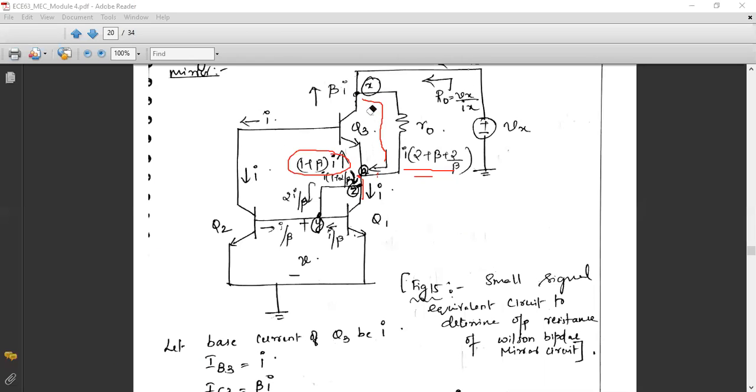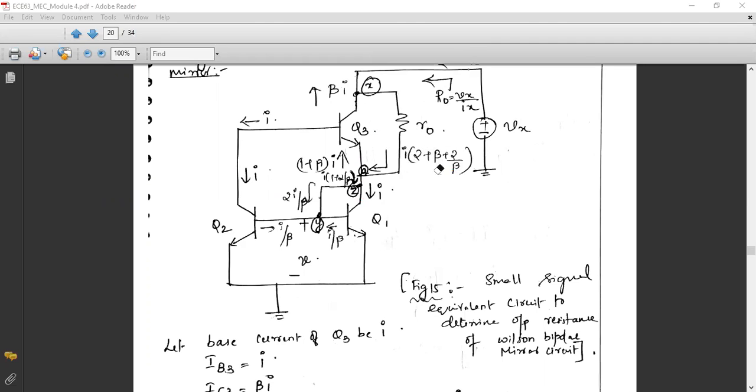Please write. So the current that is flowing through R0 towards the terminal A can be written as 1 plus beta times I plus I into 1 plus 2 by beta. Simplify it by taking I outside and check whether you are getting this particular expression. Are you getting this equation, students?